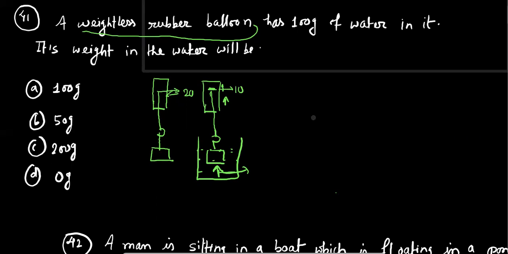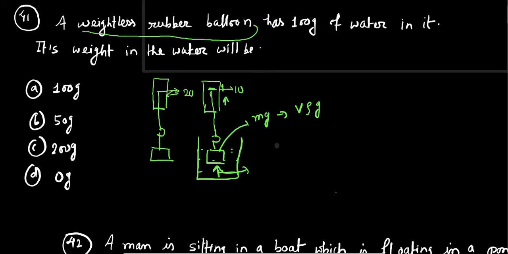Also the weight of a body is mass into gravity, and it can be written as V rho g, where rho is the density of the object.